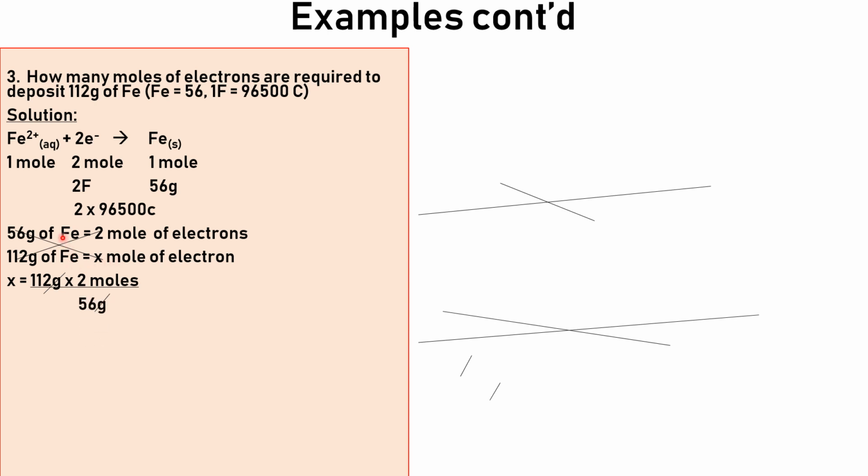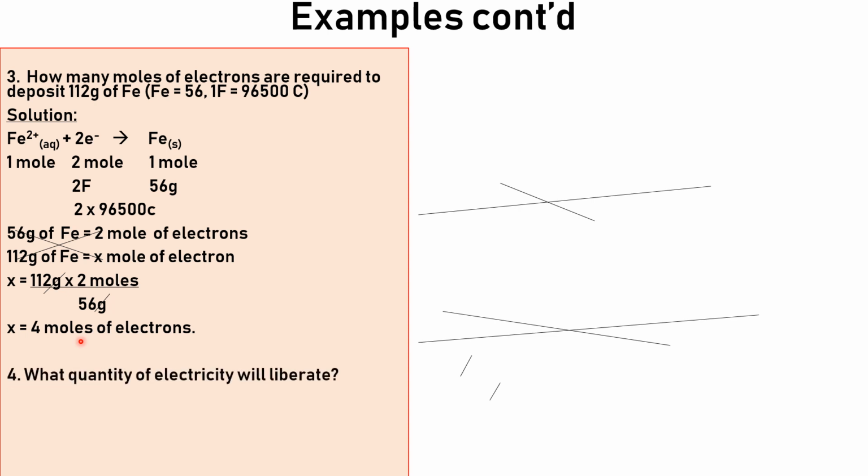And then you have what? 112 grams times 2 moles divided by 56 grams. Gram cancels gram, and 56 in 112 is 2. 2 times 2, 4 moles. So the number of moles of electron that is required to deposit 112 grams of iron is 4.